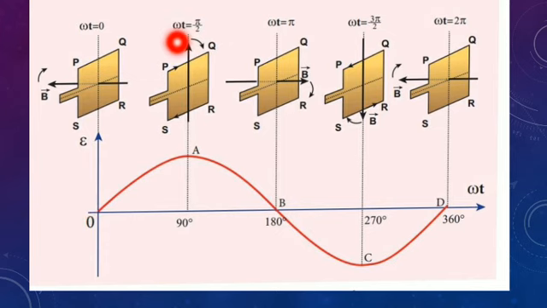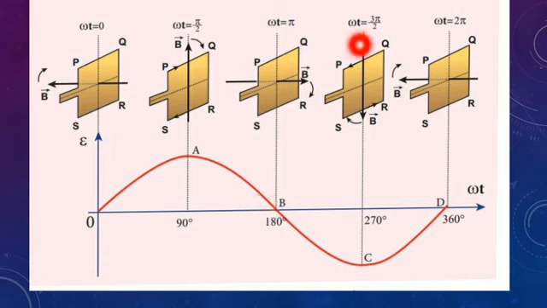When the coil is at this position, pi by 2, that is parallel, when the angle is 90 degrees, EMF is produced at maximum. Again the coil rotates in the clockwise direction and comes to the perpendicular position, theta equal to 180, and there is no EMF.